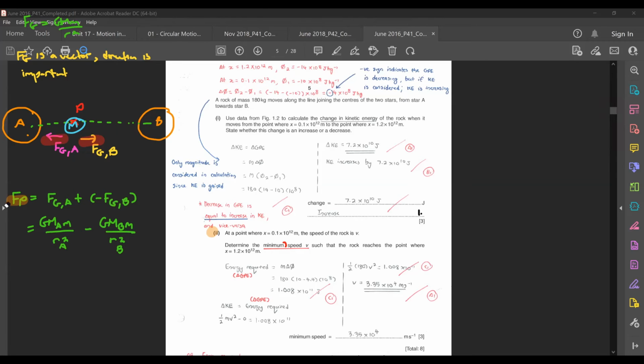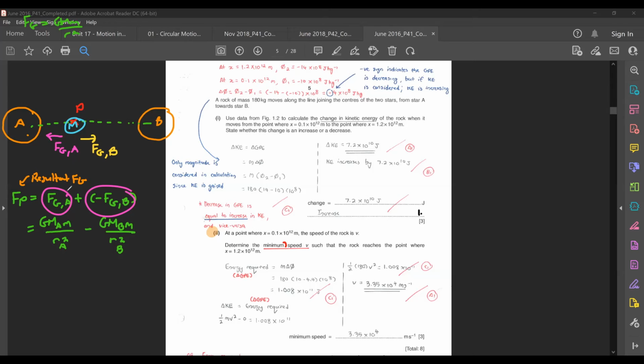Now, if you look closer at the diagram that I just drew, you notice that the resultant Fg, which is Fp here, is actually Fga minus Fgb. You could come to the conclusion that somewhere in between the two stars, you would have Fp equals 0.